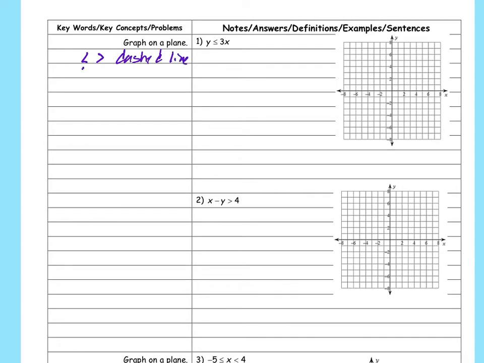Okay, and if I have a less than or equal to or greater than or equal to, I have a solid line. That's how I tell the difference between less than and less than or equal to: one line is solid and one line is dashed. So make sure you're doing your line solid and dashed.